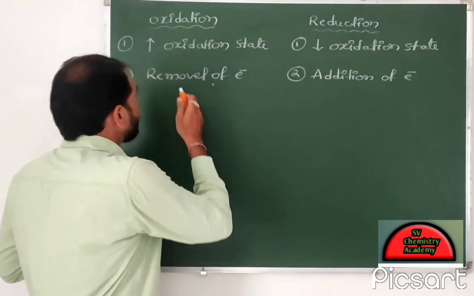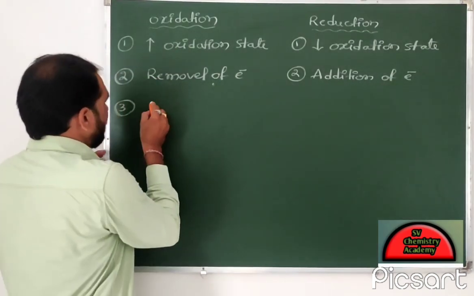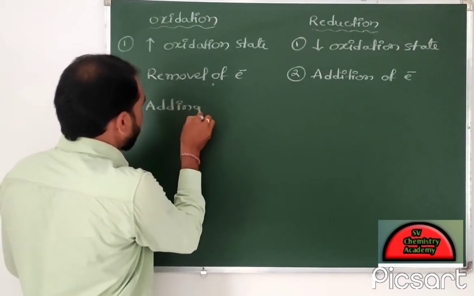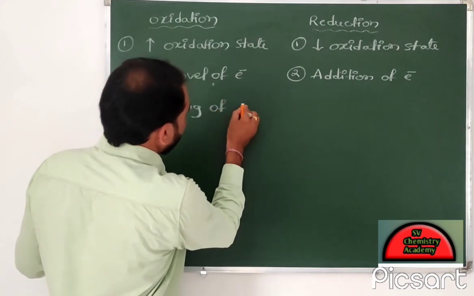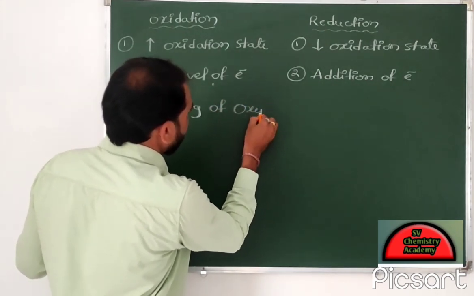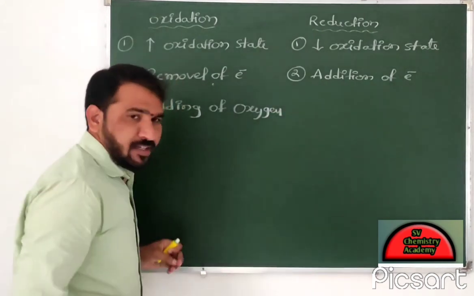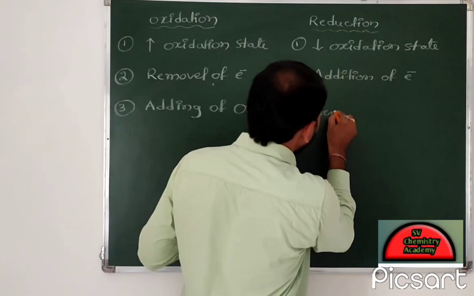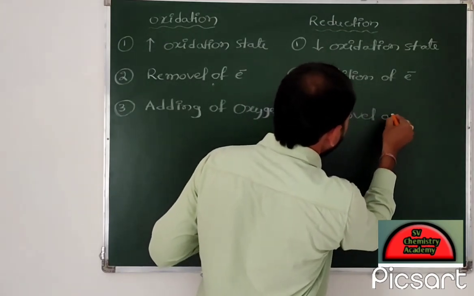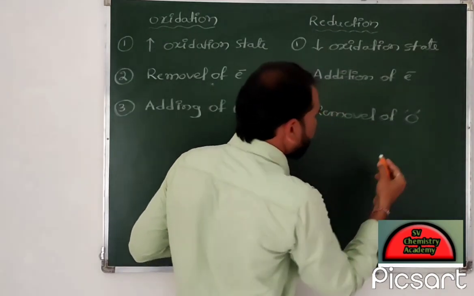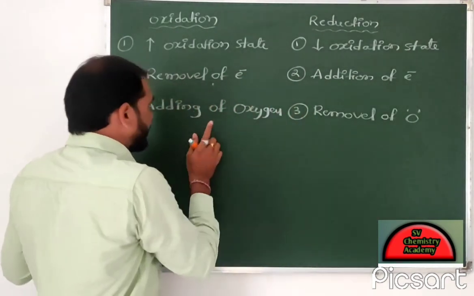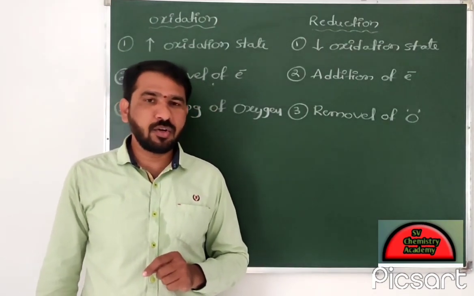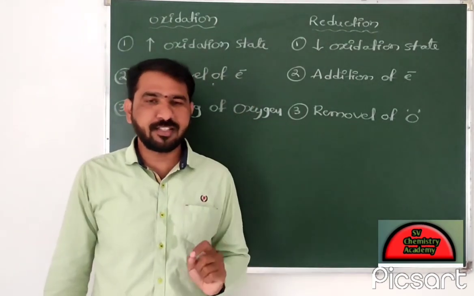Then the third point under oxidation: adding of oxygen. Then removal of oxygen under reduction. Yesterday I gave one code for electronegativity, the FONC code.